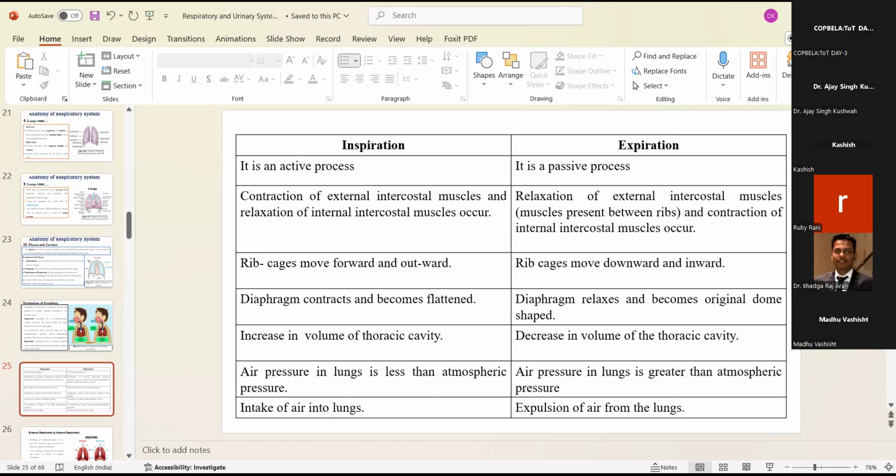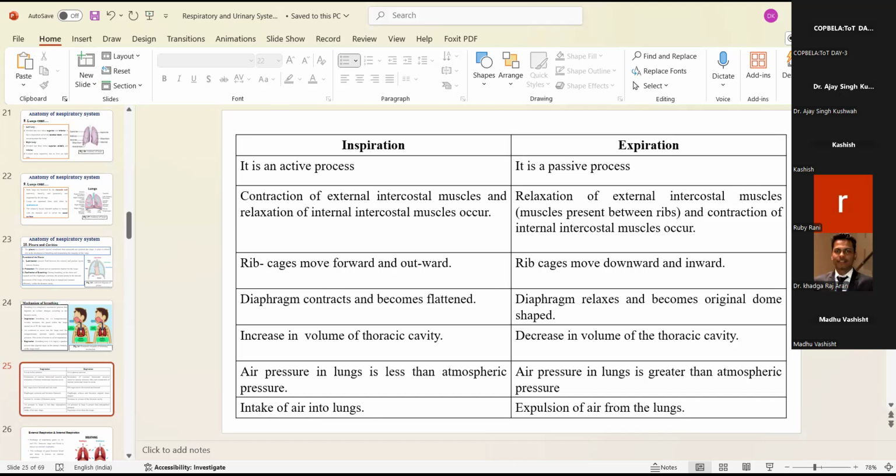In inspiration, the diaphragm contracts and becomes flattened. But in expiration, the diaphragm relaxes and returns to its original dome shape. In inspiration, there is an increase in the volume of the thoracic cavity, but in expiration, there is a decrease in the volume of the thoracic cavity.